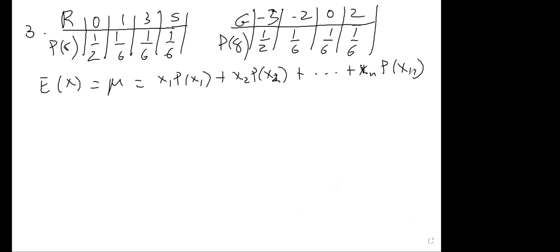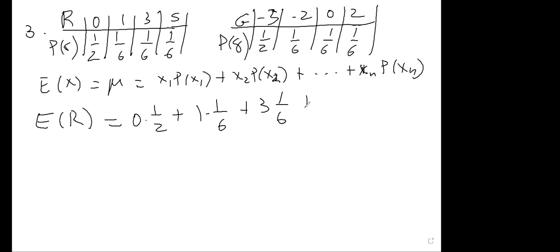So we may want to know, you pay $3 to roll a die in which you win the value of every odd number you rolled, or nothing when you roll an even number. What is your expected revenue? You have to make the distribution of the revenue. And the expected revenue will be 0 times half plus 1 times 1 over 6 plus 3 times 1 over 6 plus 5 times 1 over 6.